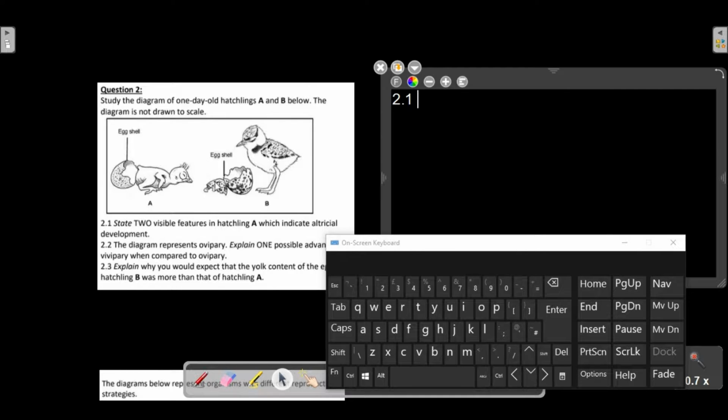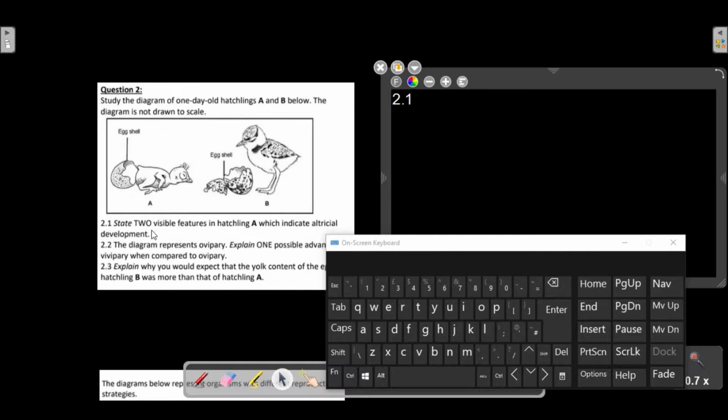It is not aware of its surroundings, and it's fully dependent on its parents for guidance, for teachings, for feeding, for survival. And then that contrasts with hatchling B. As you can see, it has feathers, it has its eyes wide open, it is fully developed. Okay, so as you can see right over there.